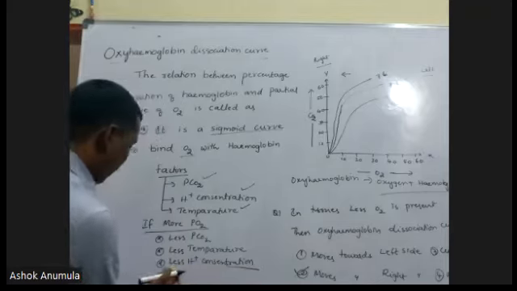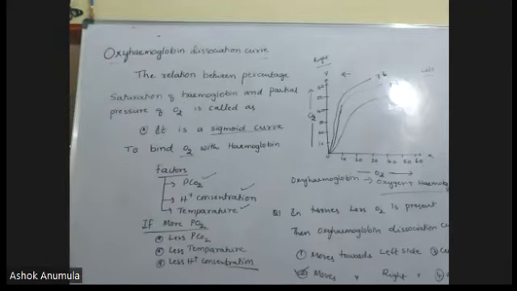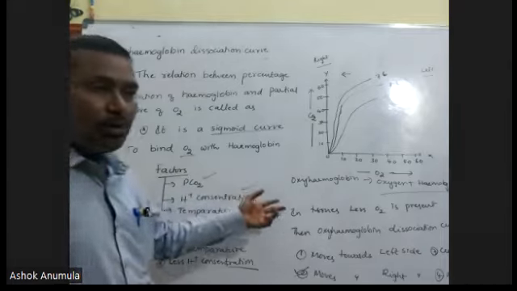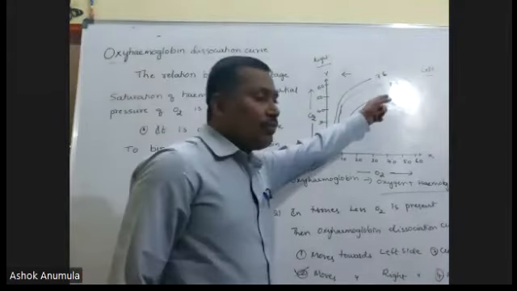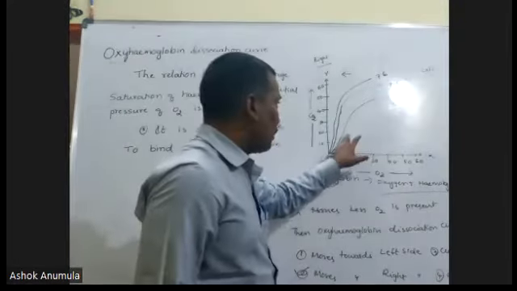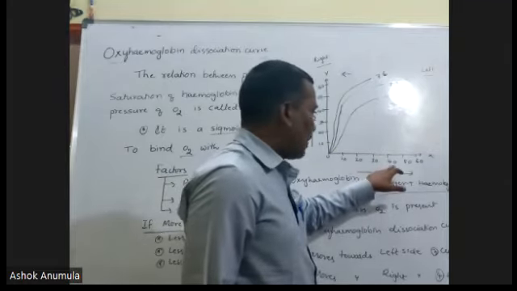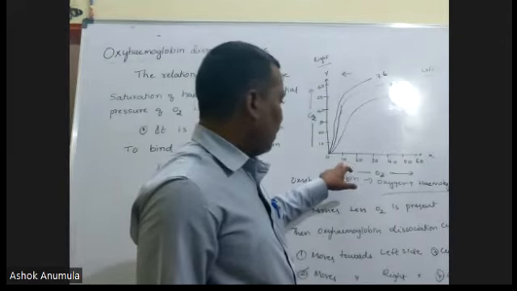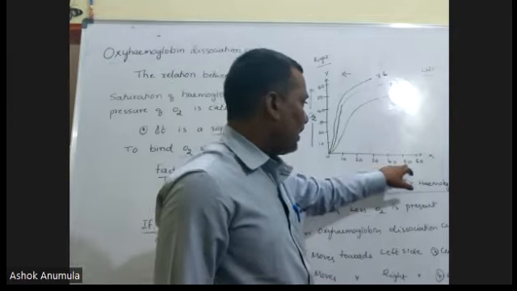If more oxygen is present, less CO2 is present. When more oxygen is present, the oxygen binds with hemoglobin. When oxygen binds with hemoglobin, the curve moves towards the left side. Why? Because when it is moving towards the left side, the percentage of oxygen is increasing. Here on the x-axis we have 0, 10, 20, 30, 40, 60 mmHg.